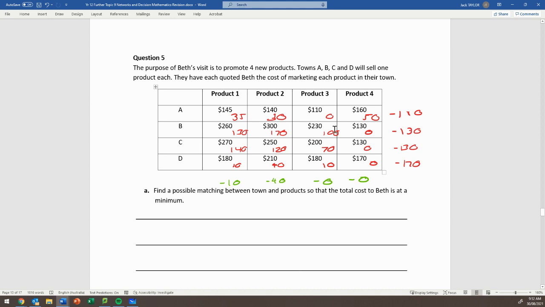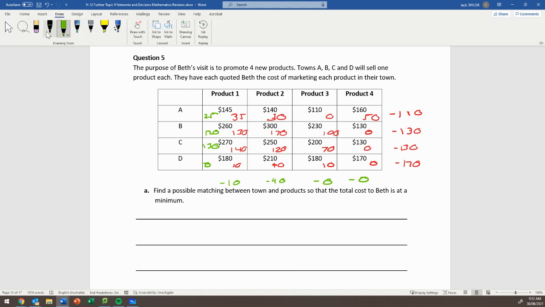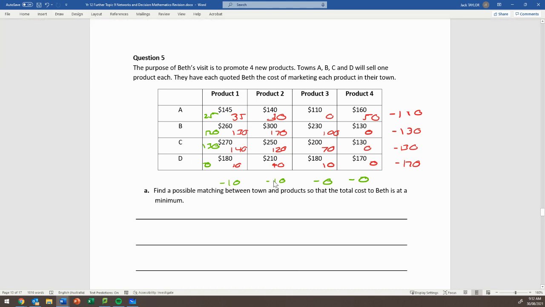All right, so if I apply those changes in this column, I now have 25, 120, 130, 0. And in this one, oops, that's not the smallest number. 30 is.